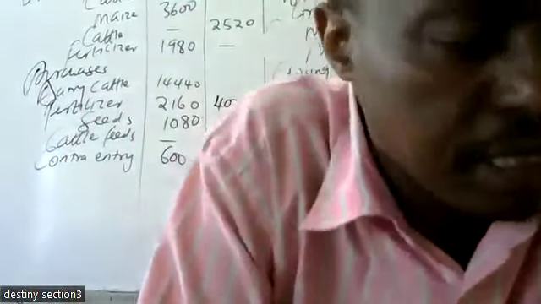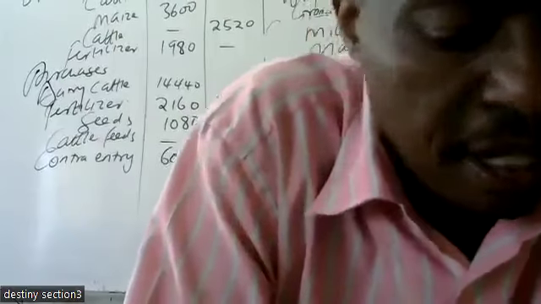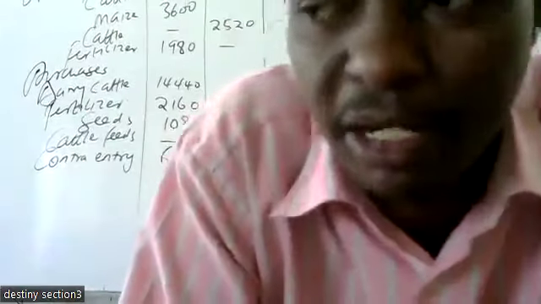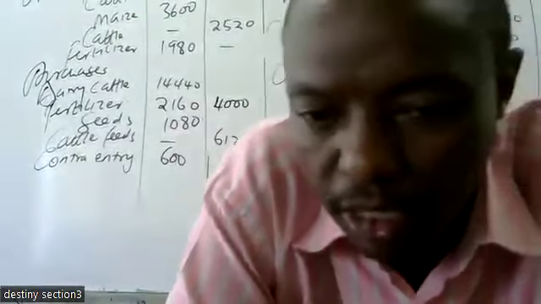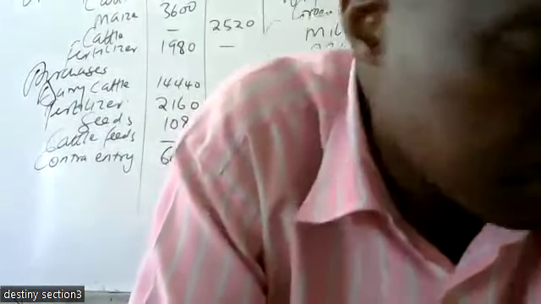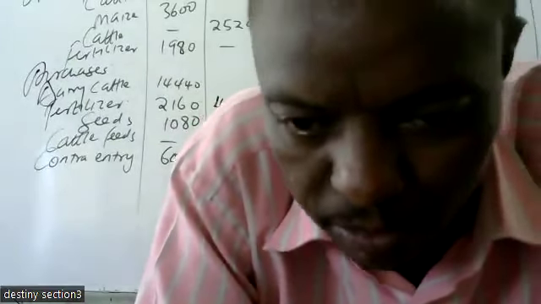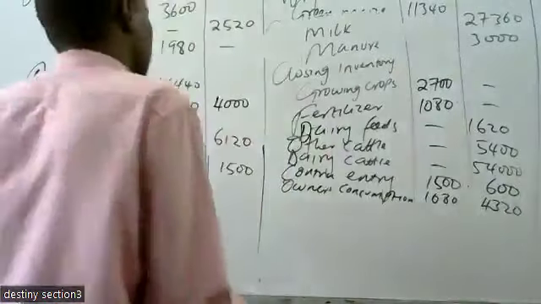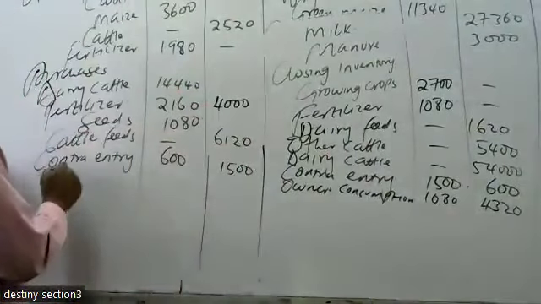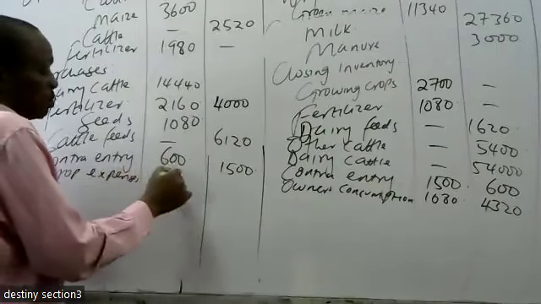The three items that relate to crop expenses. Okay, how much if you add them together? 7,200. So crop expenses, 7,200.